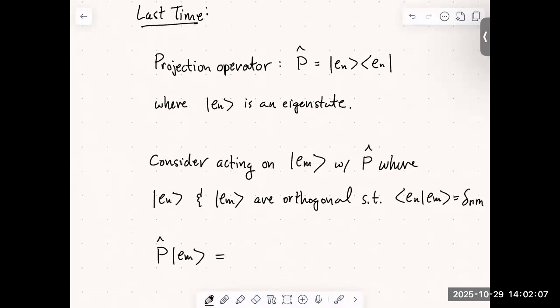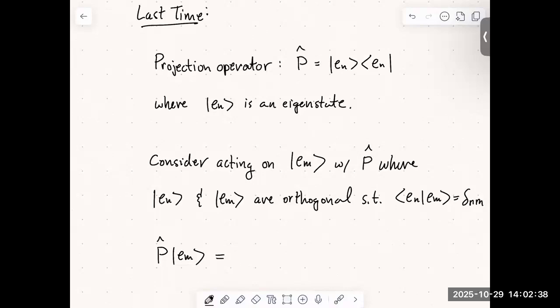What I'd like to do is take p hat and operate on a state EM. So this is just part of the EN eigenfunction set. It's just a different one. And we're going to assume that the different members of the set are orthogonal. So if we take the inner product with state N and state M, we get this delta function. Okay. So let's see what happens.